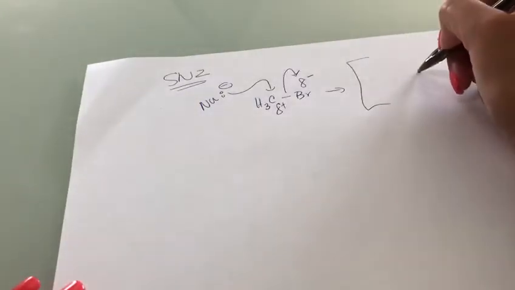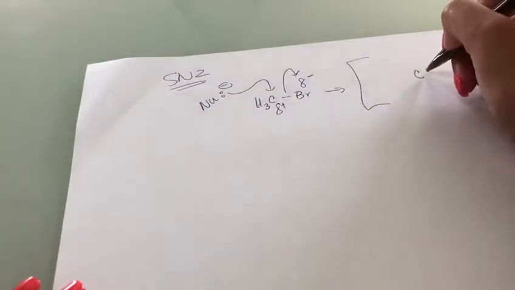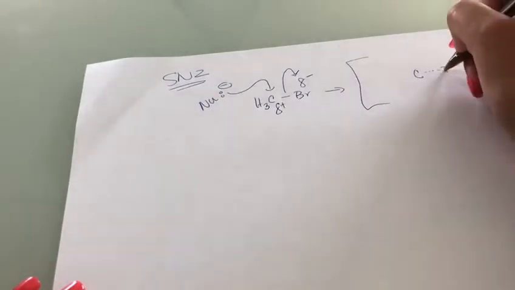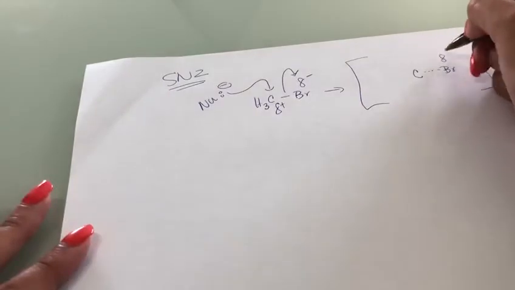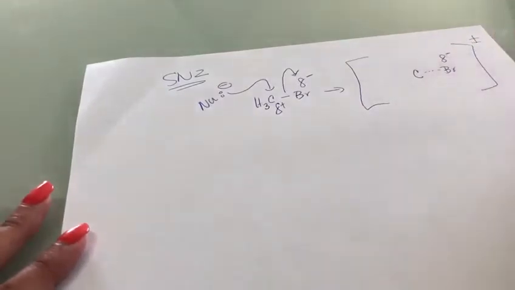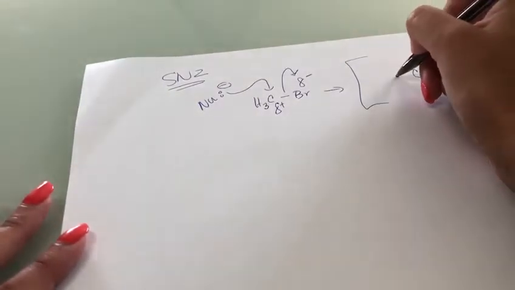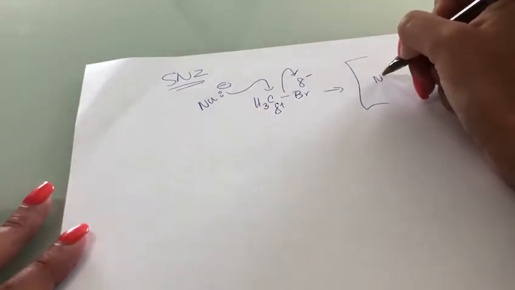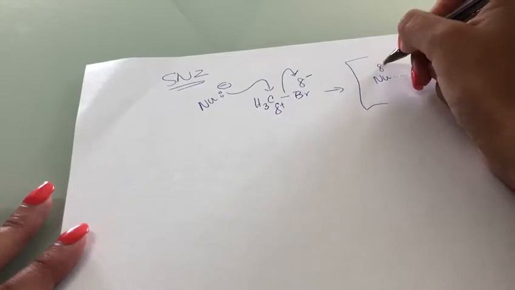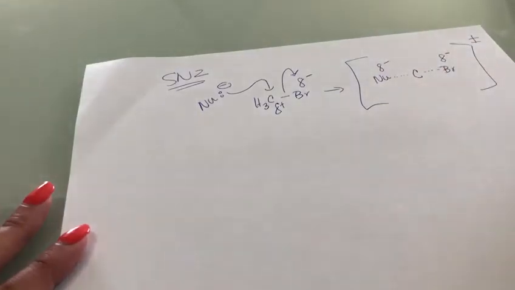We have the carbon with a partially broken bond to the halogen. The halogen is not completely gone, so let's just have a partial negative charge on the halogen. And the nucleophile has a partially formed bond with the carbon.